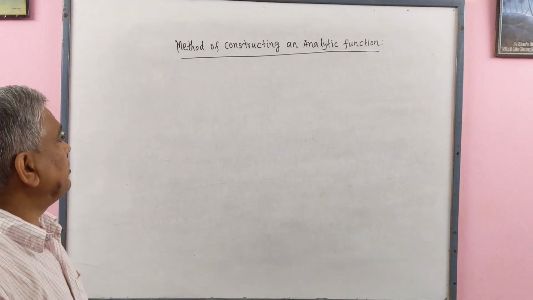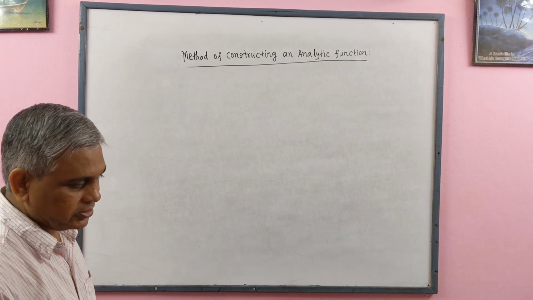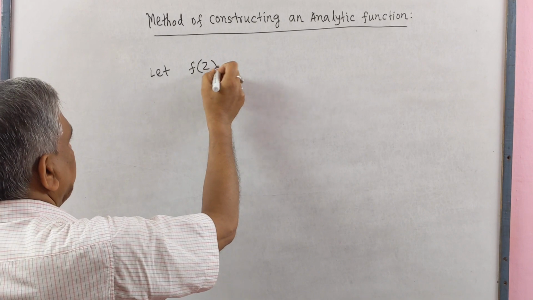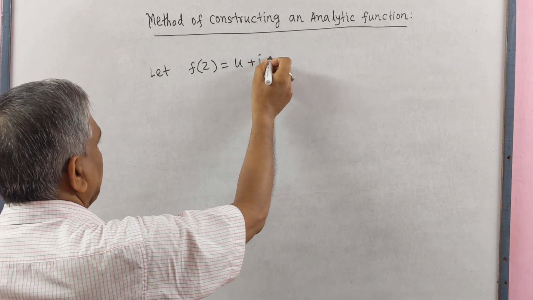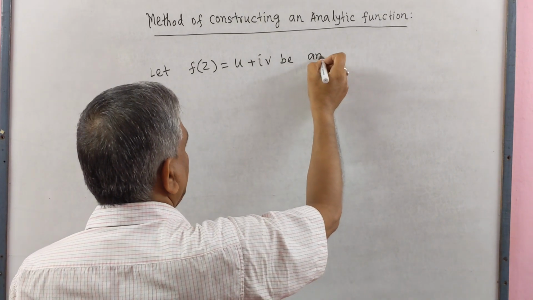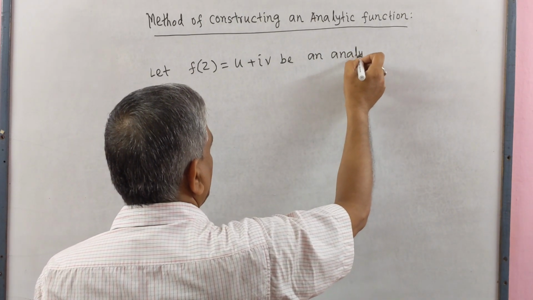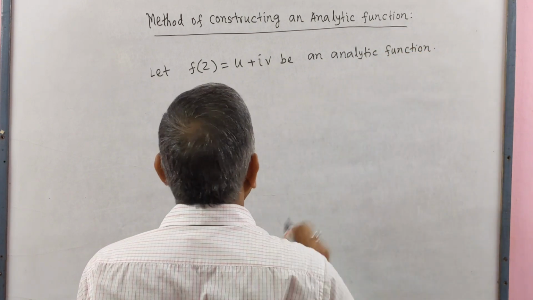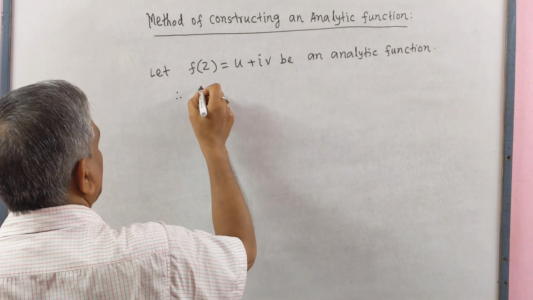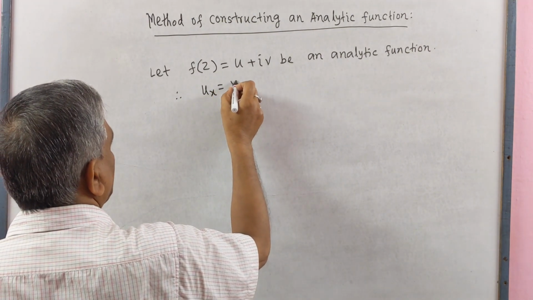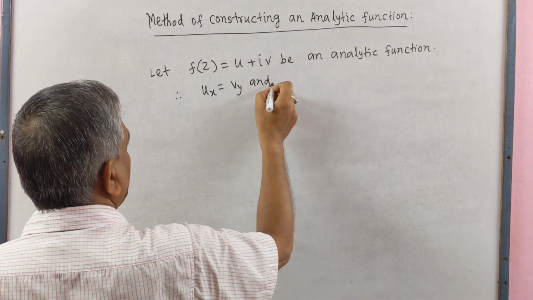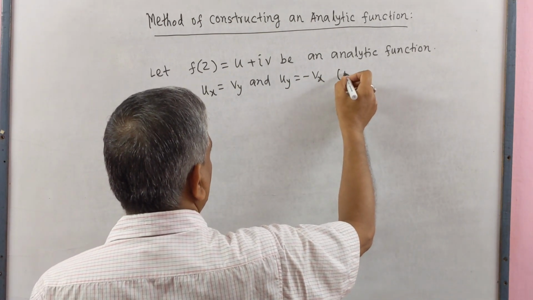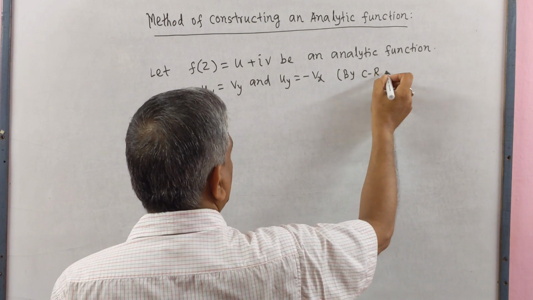Now we shall describe the method of constructing an analytic function. Let f(z) = u + iv be an analytic function. Therefore, ux = vy and uy = -vx by Cauchy-Riemann equation.